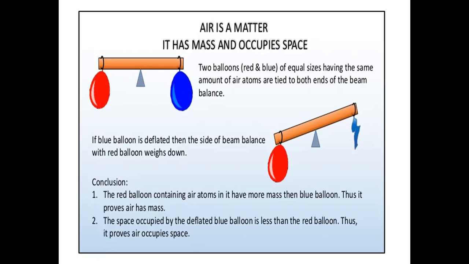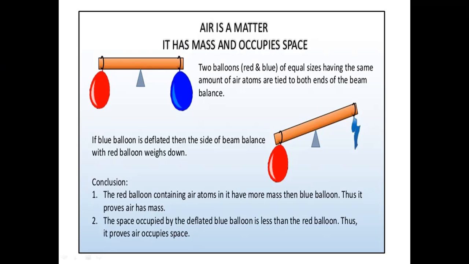Then after blowing air, we tie these two balloons at two ends of a beam balance. As the weight of these two balloons is the same, the pointer is exactly pointing at the middle, which shows that the two ends of the beam balance are equal.